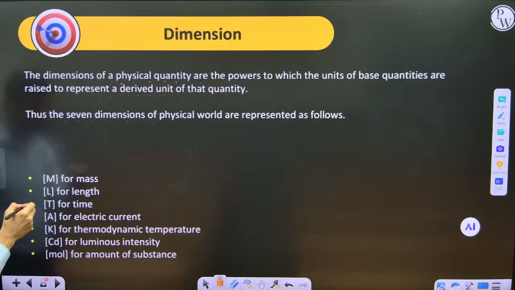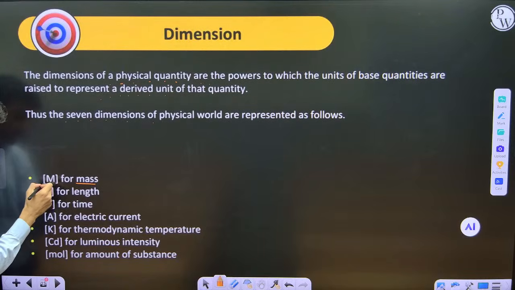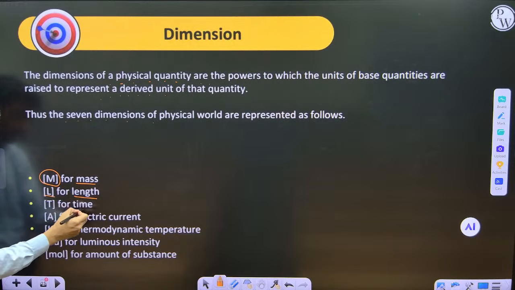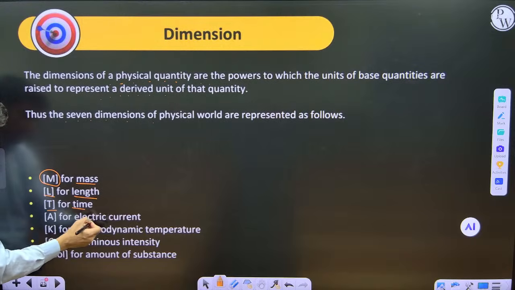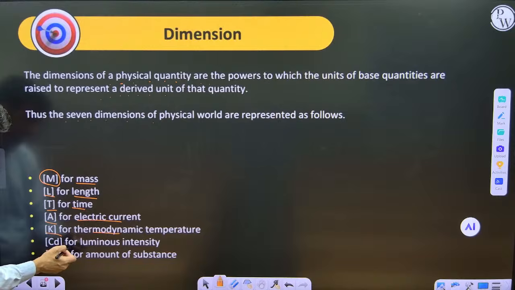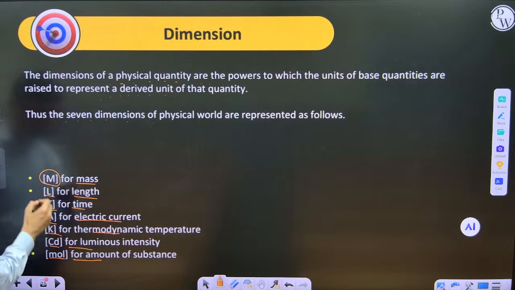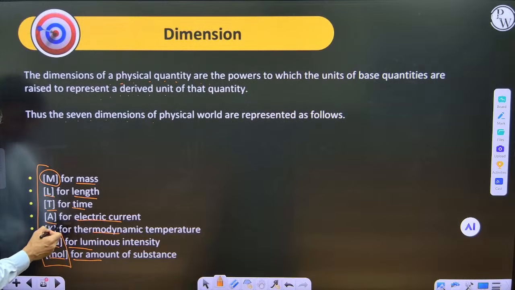You have to just remember the notations. For mass, the dimension used is M. Length is L, time is T, current is A, temperature is K, CD for luminous intensity, and MOL for amount of substance. You just have to remember these, and it's very easy to remember.